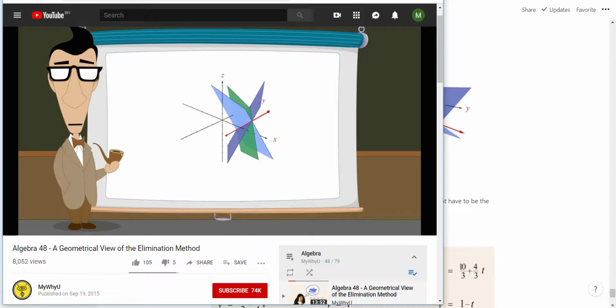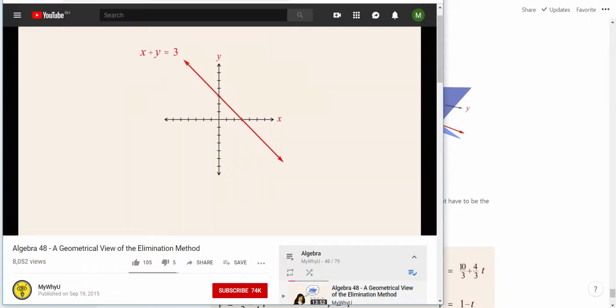To understand, let's first see what happens when we eliminate a variable in the equation for a line. If we start with a linear equation in x and y and eliminate x, the graph of the resulting equation will be parallel to the x-axis.